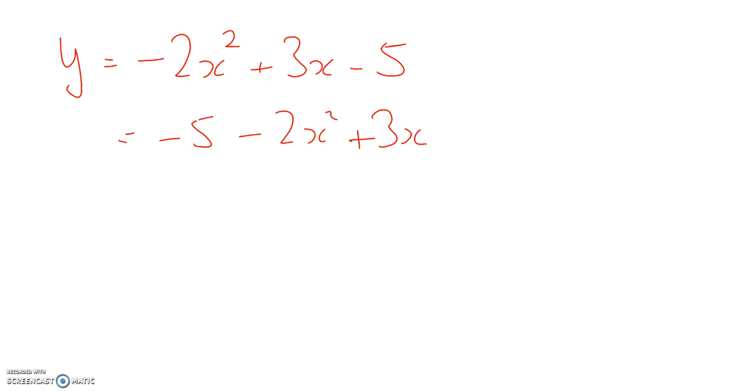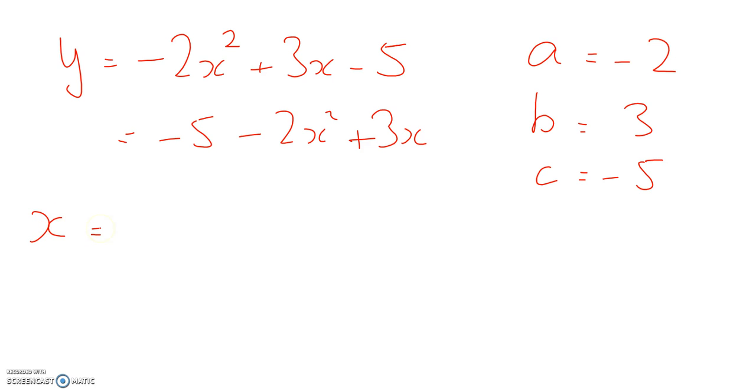But in the same case, work out our A, our B, our C. And so A equals minus 2. Okay. B equals 3. And C equals minus 5. So let's just work out what the roots are of this and see if we'll get any real roots at all.